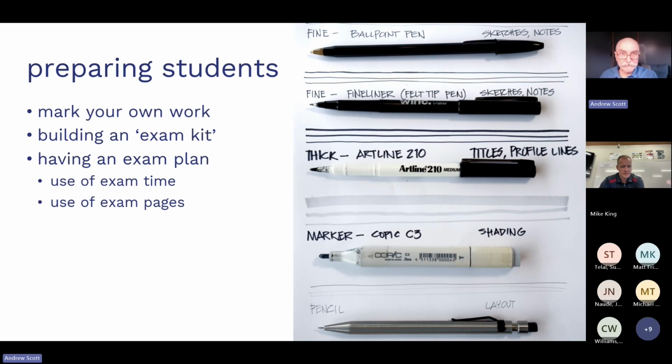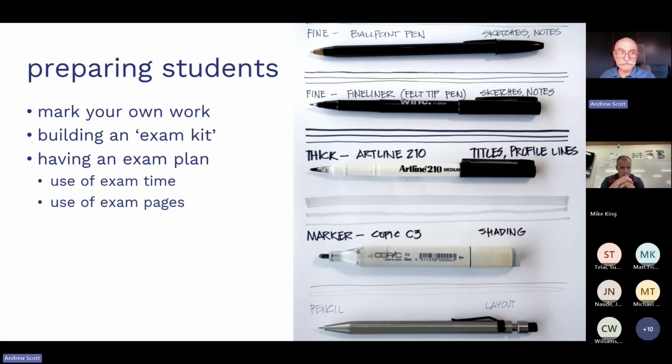So various things include marking your own work, going through and trying to look at an exam from the point of view of being a marker as opposed to being a student, which is an interesting strategy. Having an exam kit, a set of equipment that you know how to use, is really helpful.